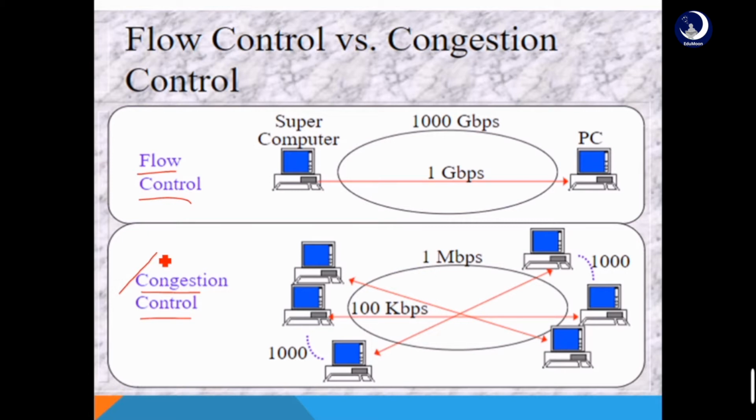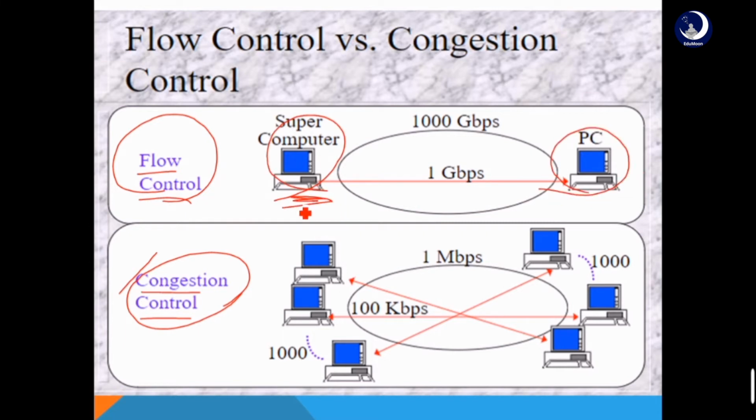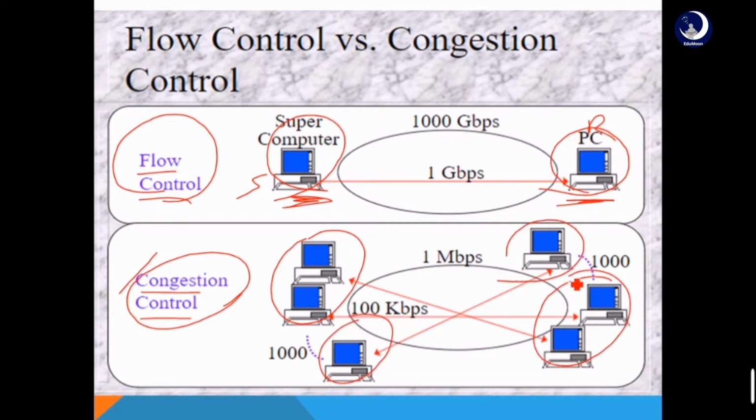Congestion control is a global issue which relates to the hosts and the routers, while flow control relates to a point-to-point link, between the sender and the receiver, but here it's among multiple computers. Congestion control is generally done by the routers, whereas flow control is generally done by the sender.